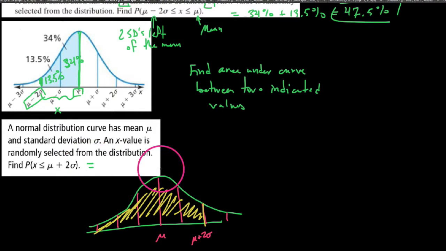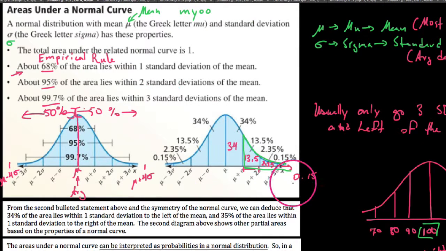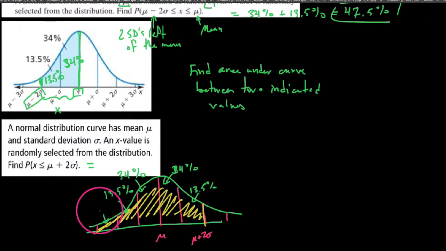And so what we're going to see here is that we've got a lot of different subsections to add up. We have 13.5% that lies here. We have here 34%, because of our empirical rule. Here we have another 34% of the population. Here we have the other 13.5% of the population. And then down here, remember, we'd say roughly 2.35 in here, 2.35 here, and then out here we have roughly 0.15.